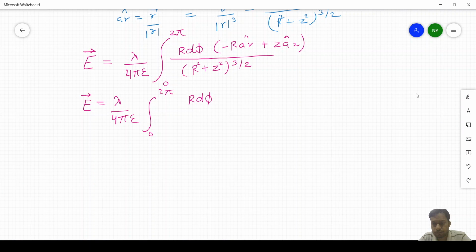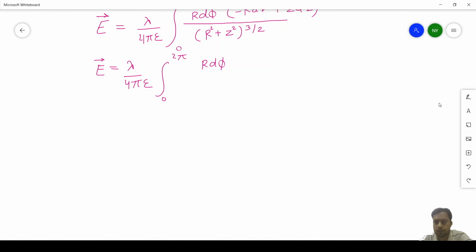So this will become r d phi over r square plus z square power 3 by 2, and we have only the z az term.